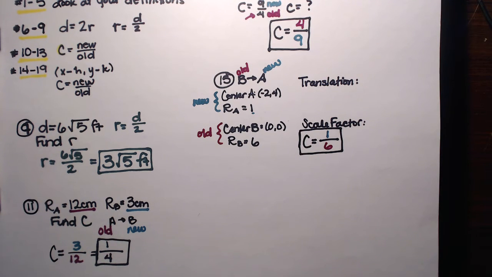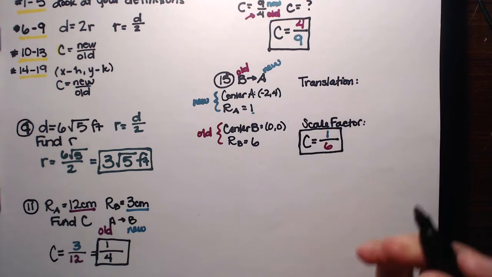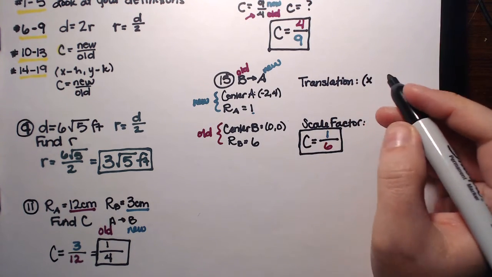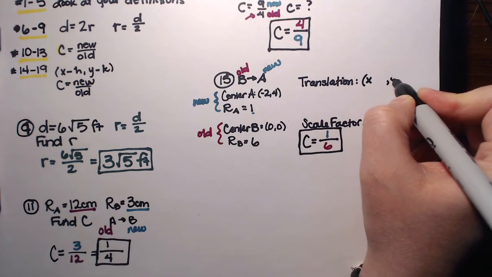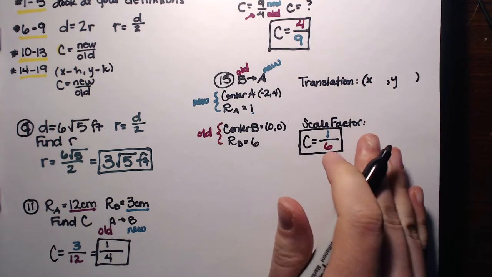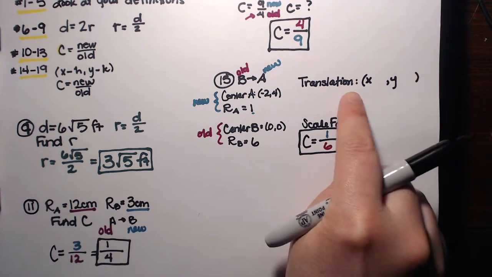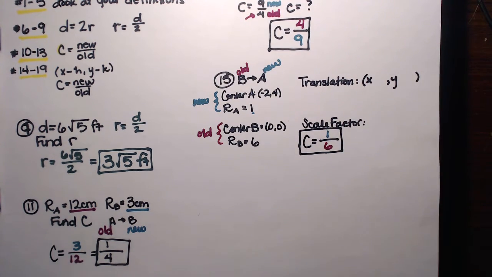The translation is we're going to identify how this moves. And our answer is going to be in the form of x plus or minus something, y plus or minus something, because we're talking about a point. So I want all the x values in my circle to move in this direction.